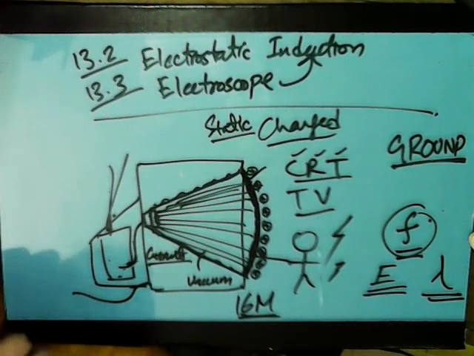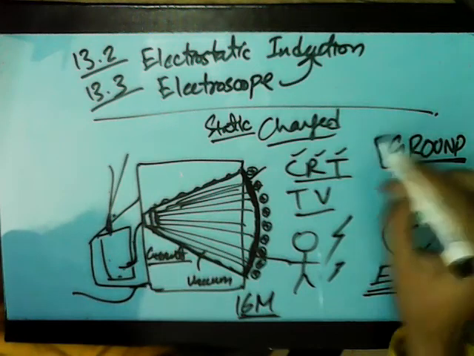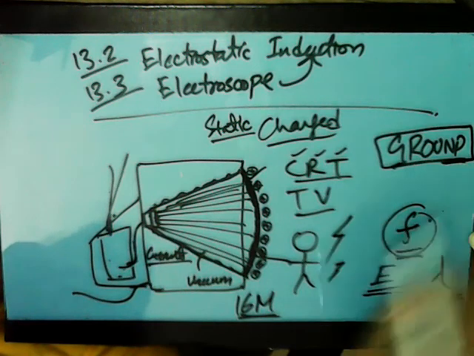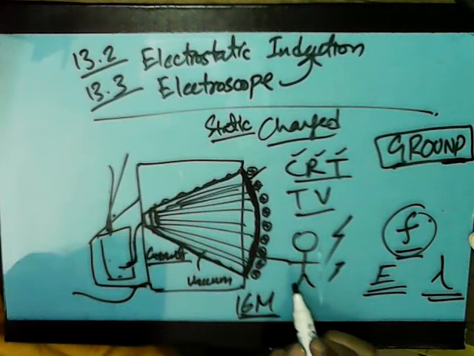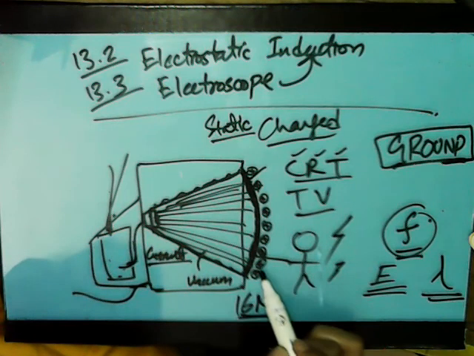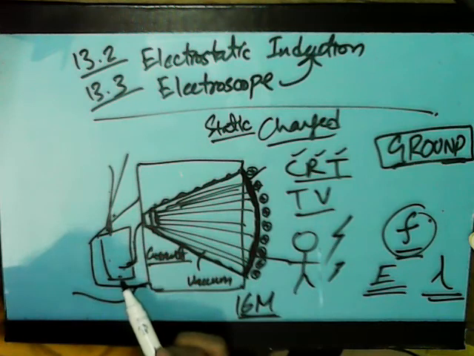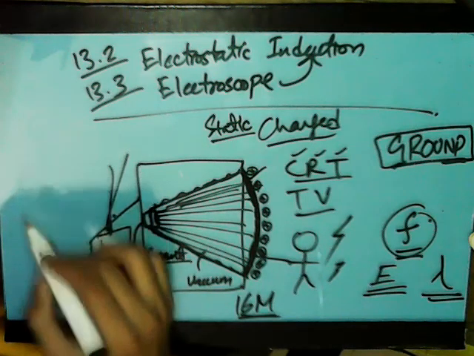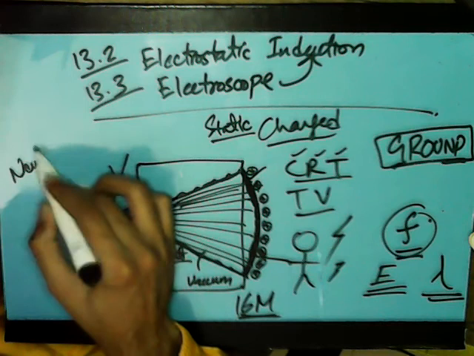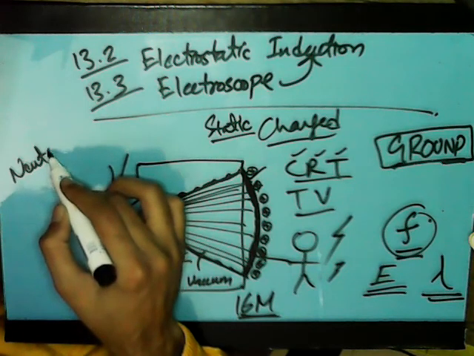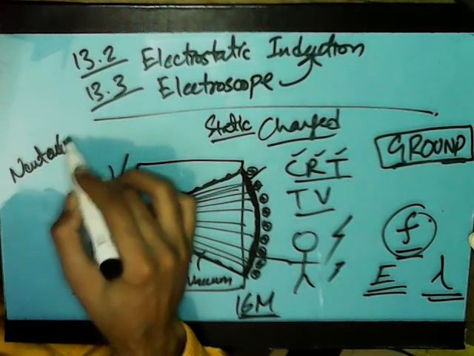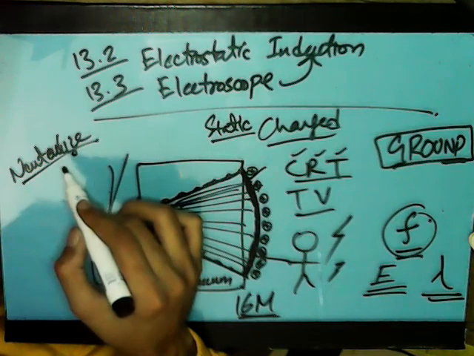So this is what grounding is, right? What a ground is, is that you provide a charged particle a method to neutralize itself. You provide a medium to neutralize a particle, right?